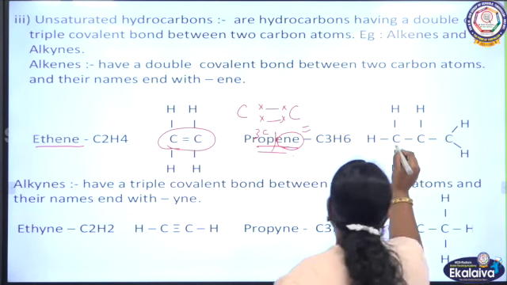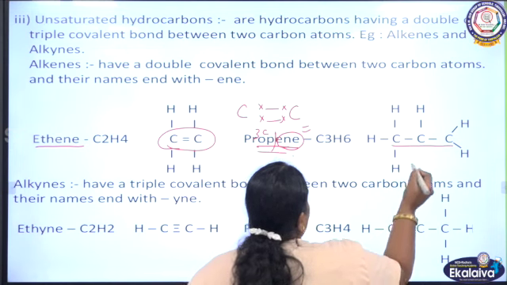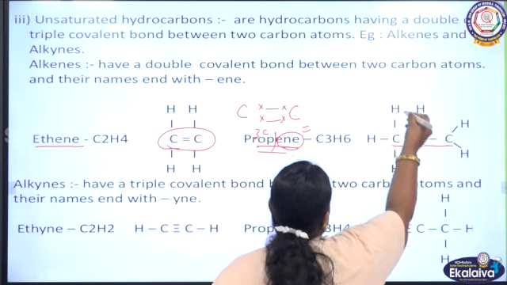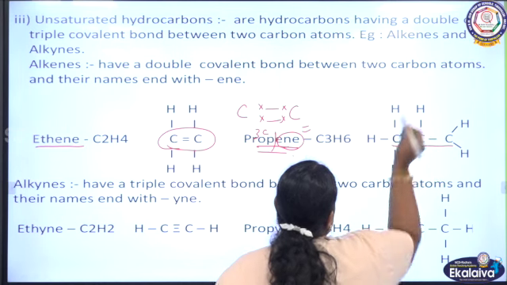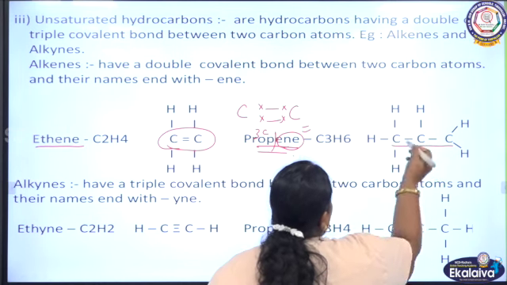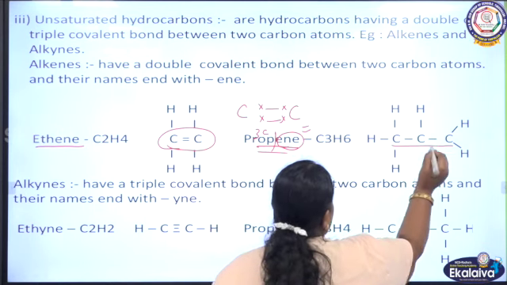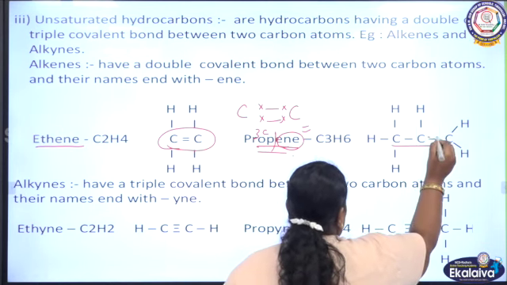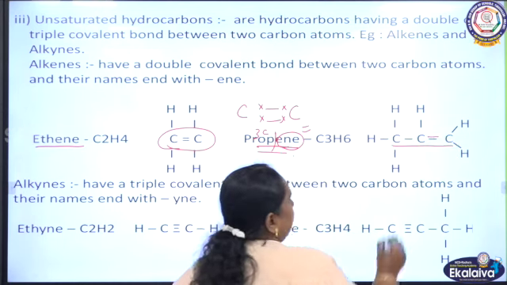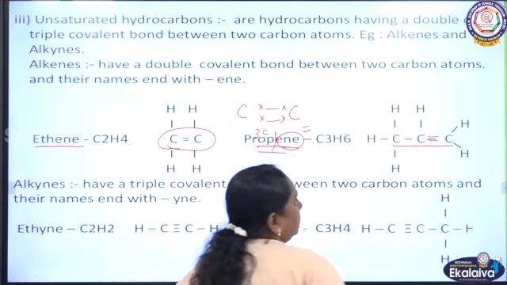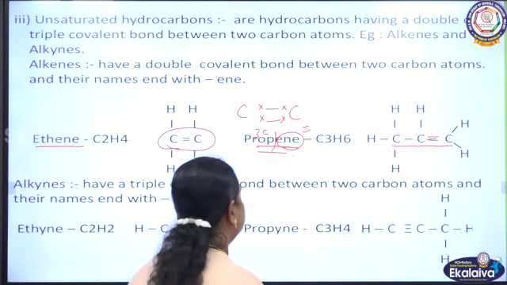So, the structure shows that it contains 3 carbon atoms, and 1 carbon contains 3 hydrogen atoms. If you check this carbon, there is only 1 hydrogen. So, the valency of carbon is not satisfied, only 3 valency is satisfied. So, we have to draw one more bond to represent it is an alkene, so that 2 bonds are present in between the carbon atoms.